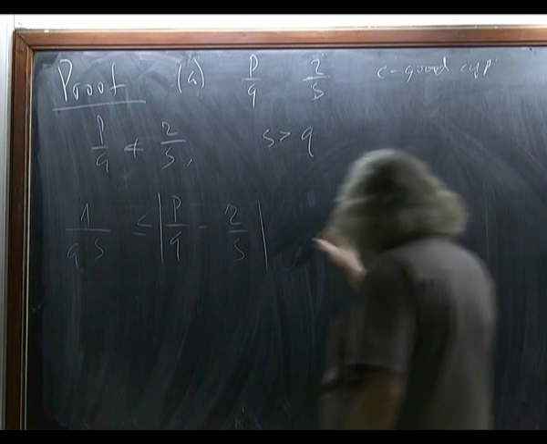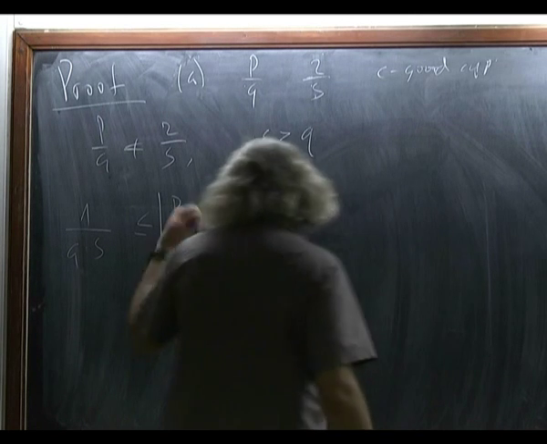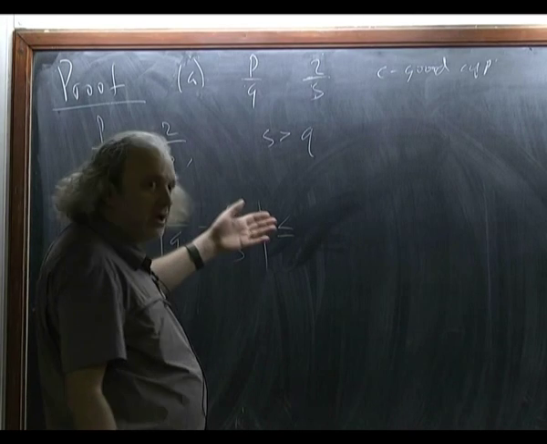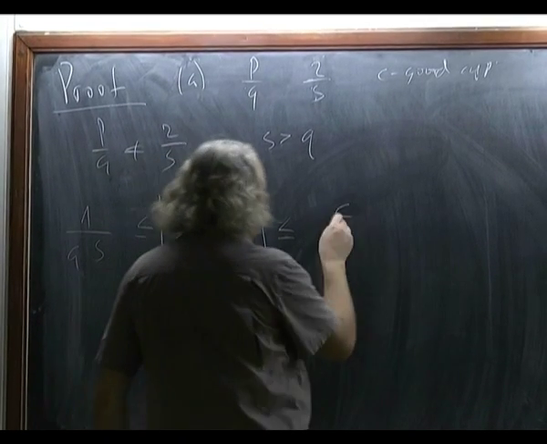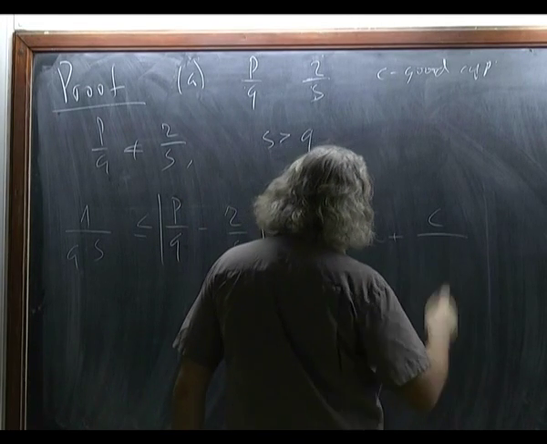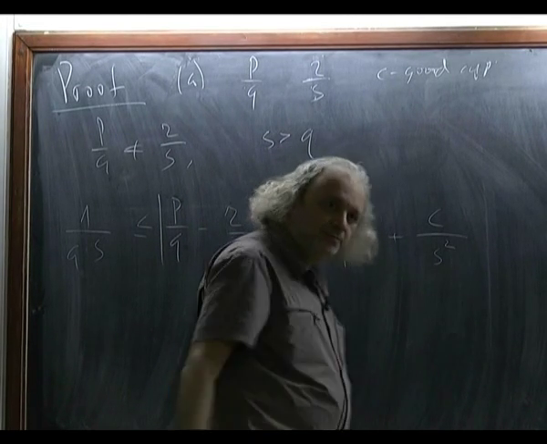On the other hand, it is bounded, so P over Q minus alpha and R over S minus alpha is bounded by the constant over Q square plus the same constant over S square. Good.